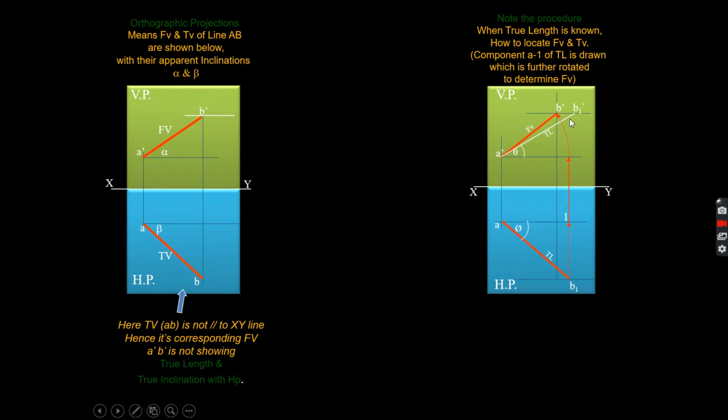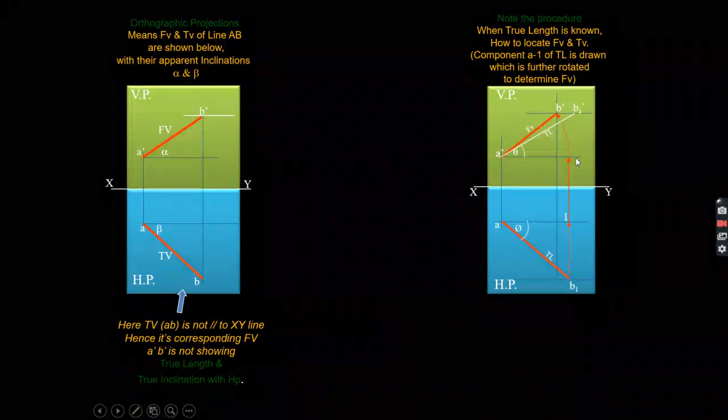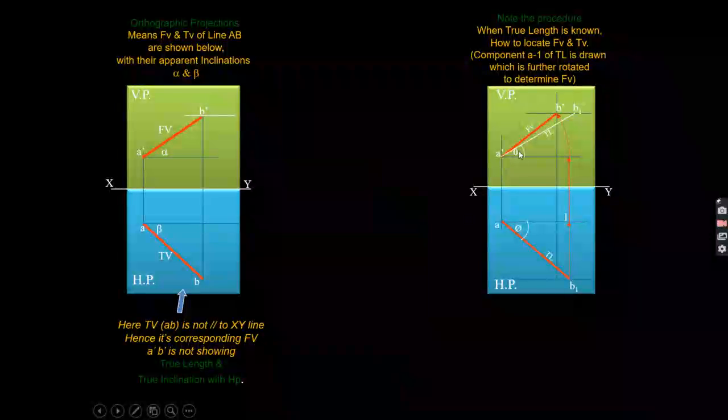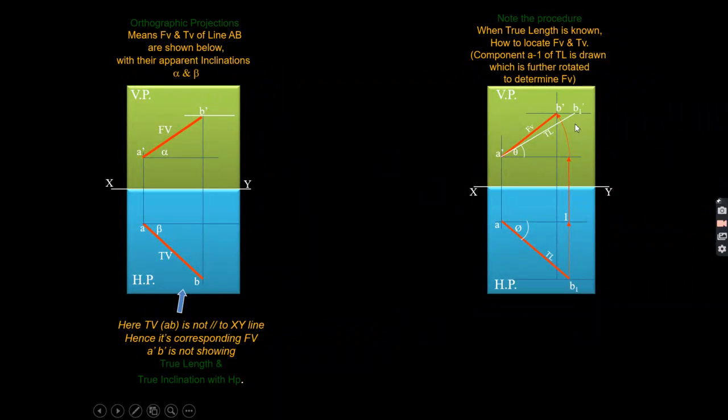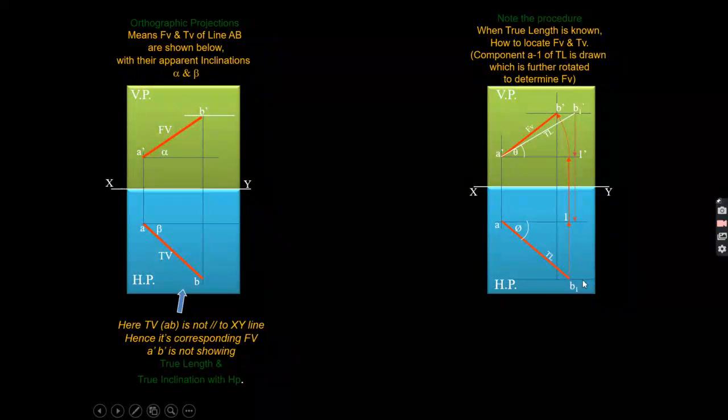So for that I will draw the top view of line A dash B1 dash like this. Okay, so I will get the length of the top view, and I know the point B will be on this line.